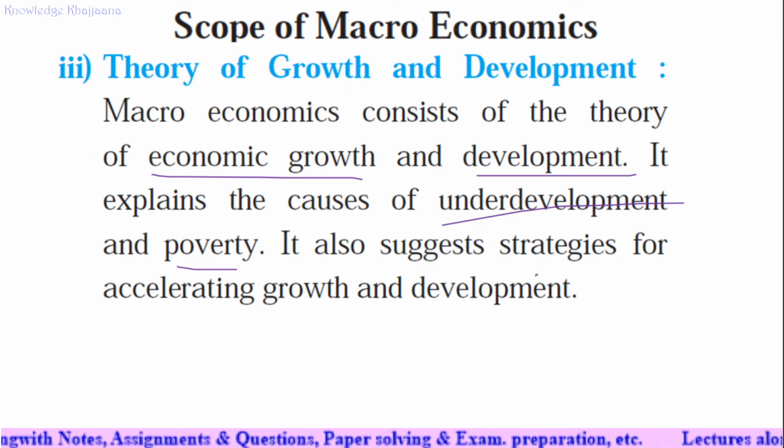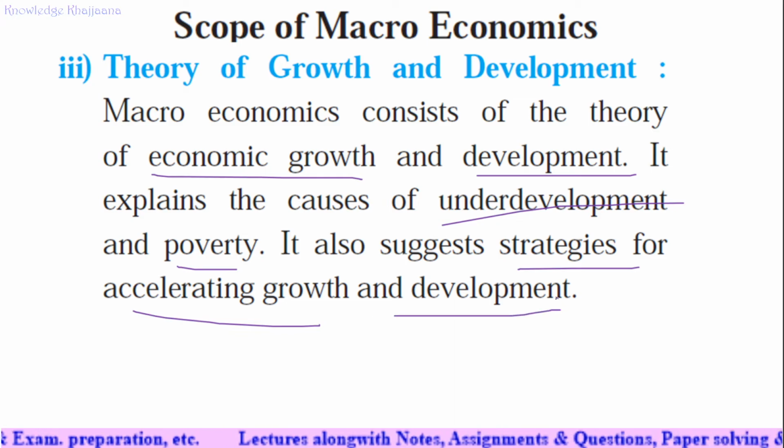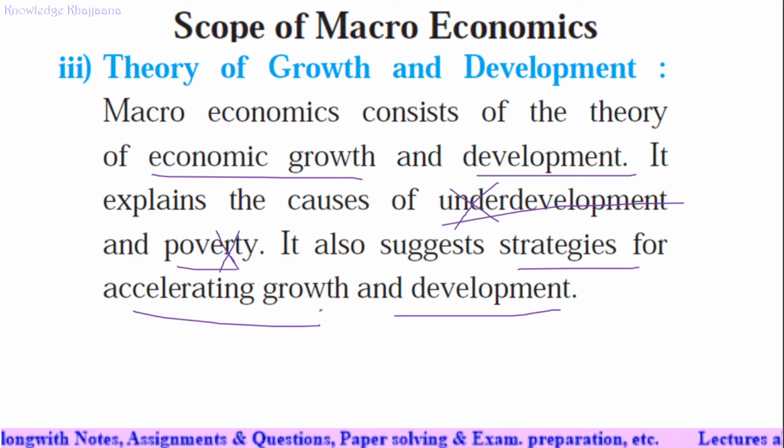It also suggests strategies for accelerating growth and development. Poverty should be reduced, underdevelopment should be reduced, and economic development should be there. What is meant by growth and development?